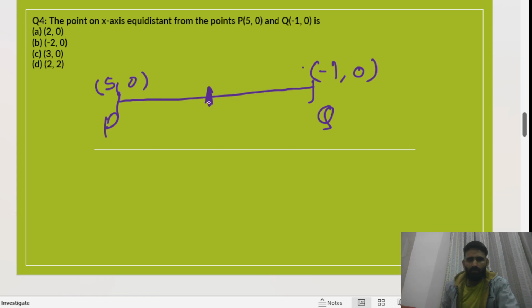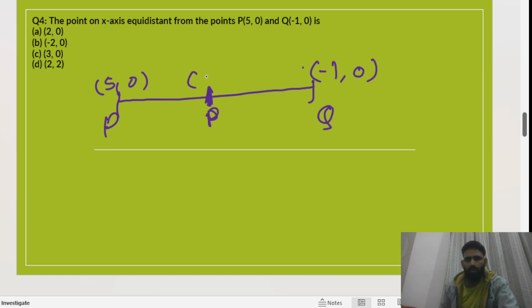Okay, so what is this point's coordinate?